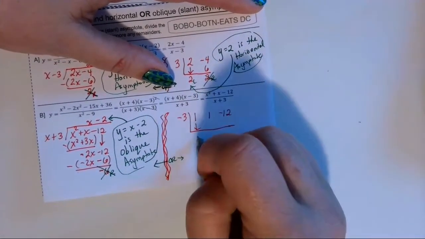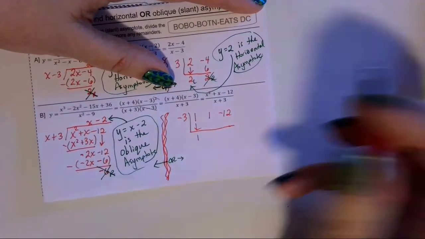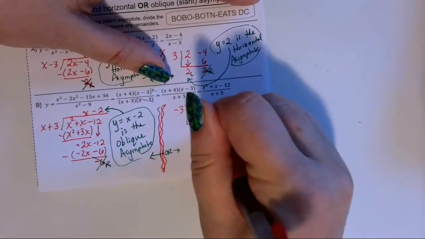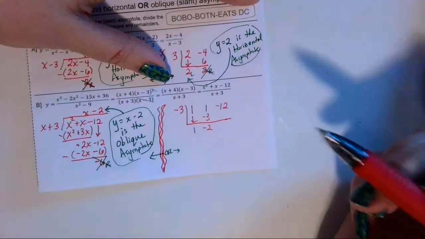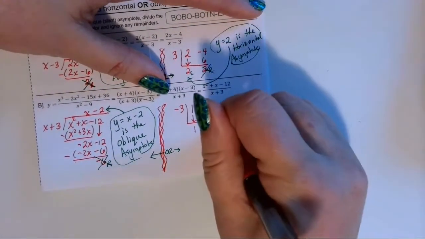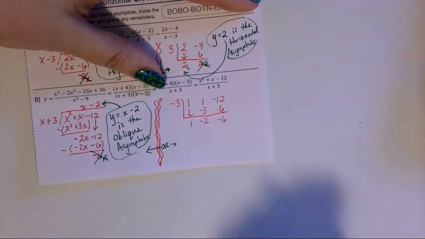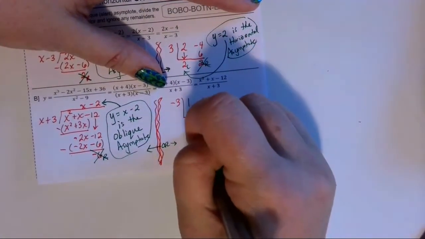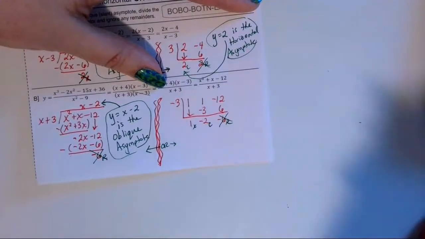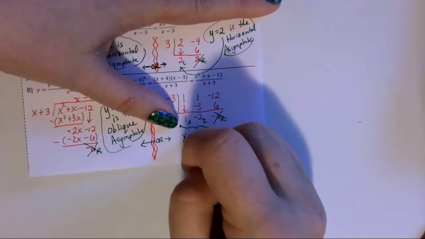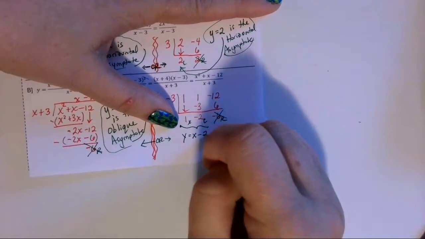We bring down the first term and multiply. 1 times negative 3 is negative 3. Add 1 plus negative 3 is negative 2. Multiply negative 2 times negative 3 is 6. Add negative 12 plus 6 is negative 6. And that negative 6 is the remainder, then the constant, and then the x. We discard the remainder, and then this would be my oblique asymptote.